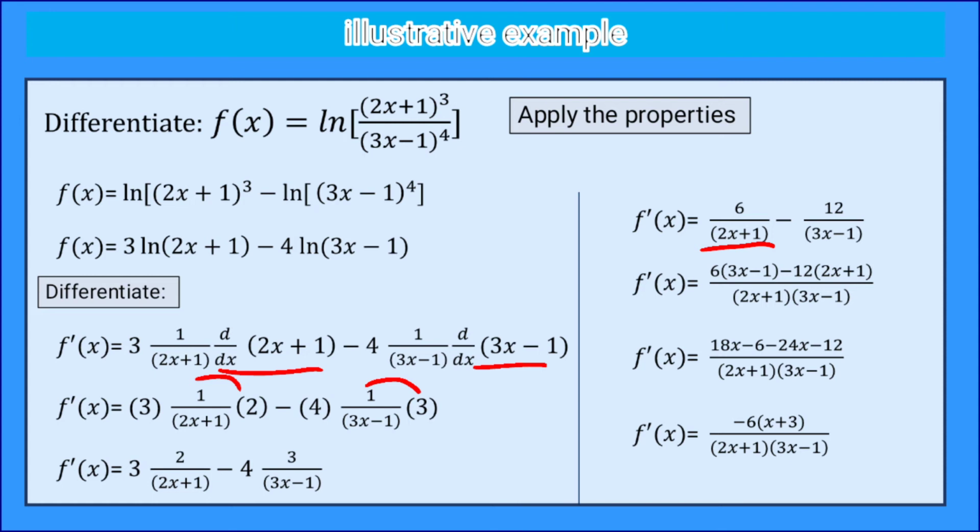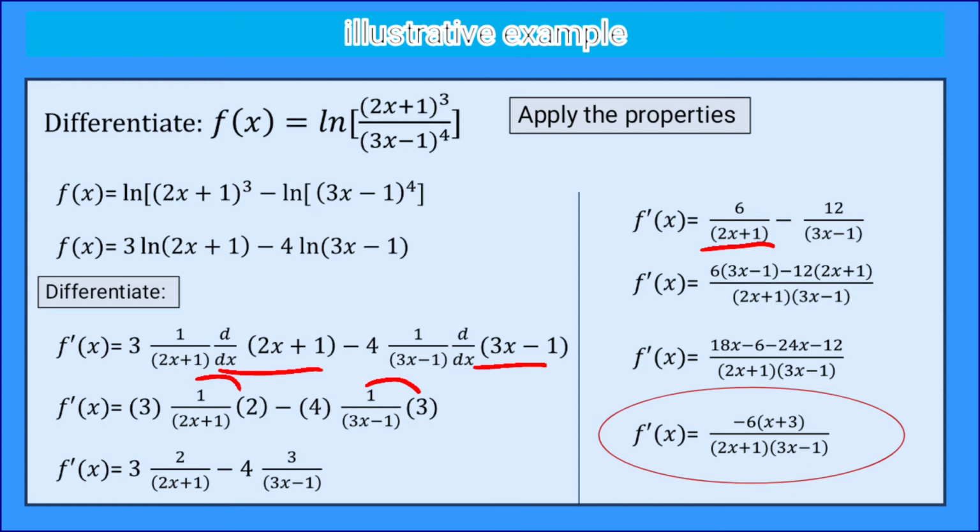So our final answer for differentiating f of x is equal to ln of 2x plus 1 cubed over 3x minus 1 to the 4th power is negative 6 times x plus 3 all over the quantity 2x plus 1 times the quantity 3x minus 1.